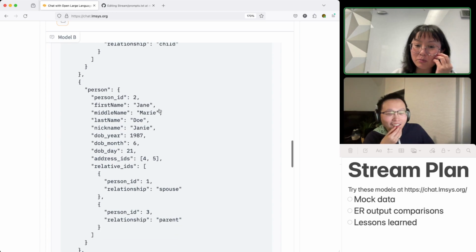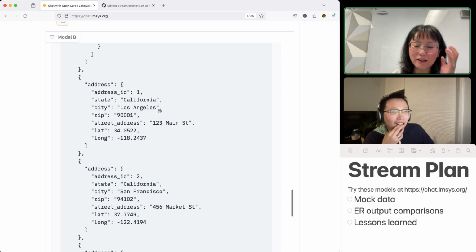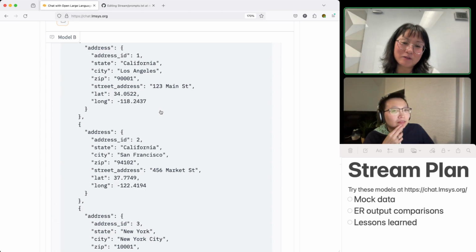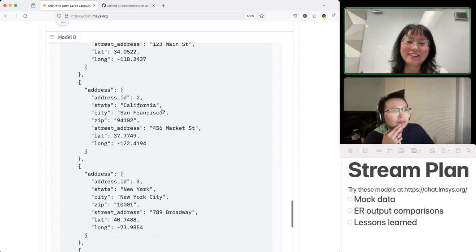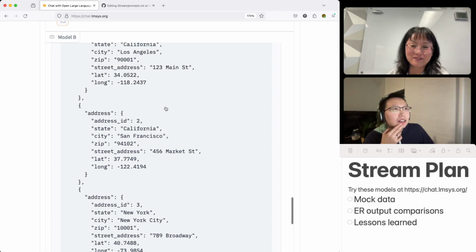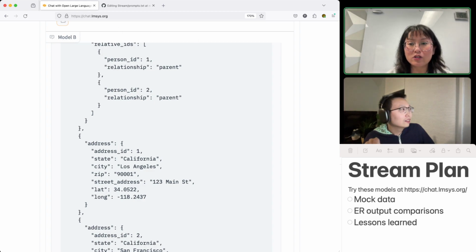Relationship is really important in mock data generation, because I feel like everybody believes this will work, but with generating complicated ones, we just don't know if it's going to work. My question was, do you want to try asking Minstrel how to do better prompting for mock data? I'll do that.